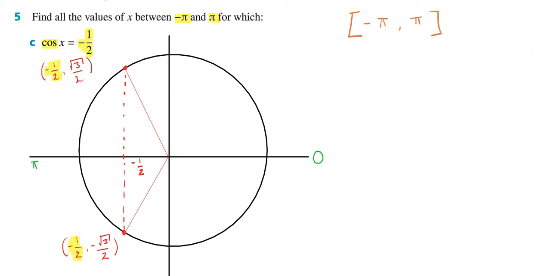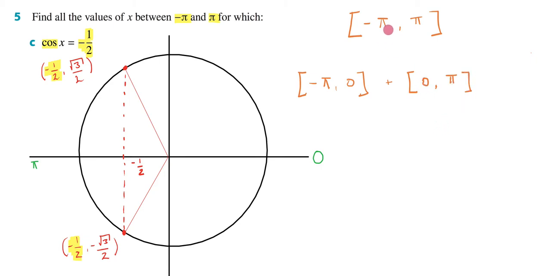So how can we think about our domain, and how can we think about it in a way that maybe is a bit easier? Well, I could break up this domain into two parts. I could say it's negative pi to 0, and then it's 0 to pi.